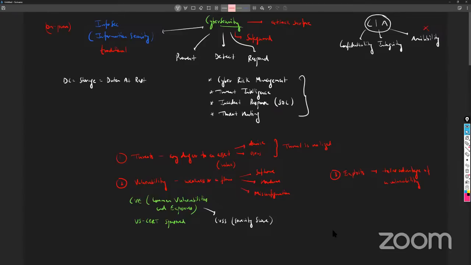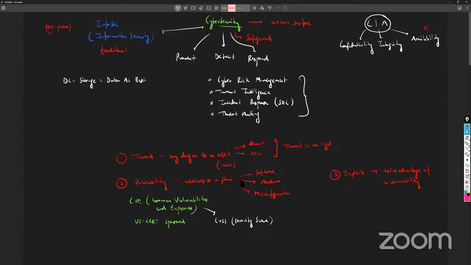If there are vulnerabilities, there is a possibility that there could be an exploit for them as well. If there are vulnerabilities in that software but no one knows about them, then no one can exploit them.